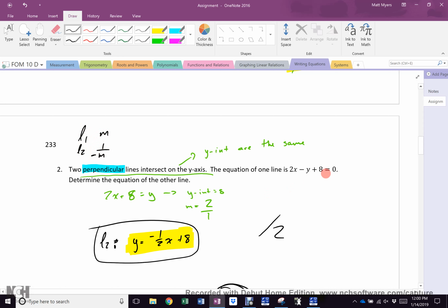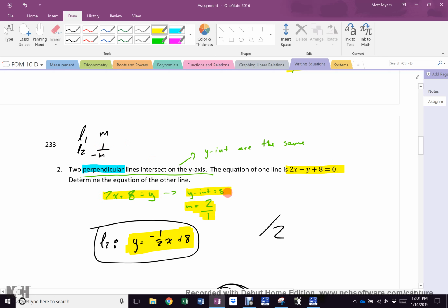So once you found the slope, which I did by taking the equation I knew and putting it into slope-intercept form, I realized that I had to reciprocate it and change the sign. That got me the slope I needed.